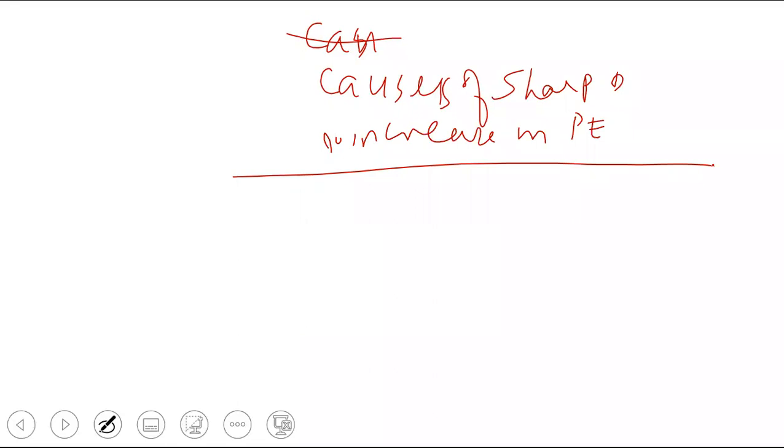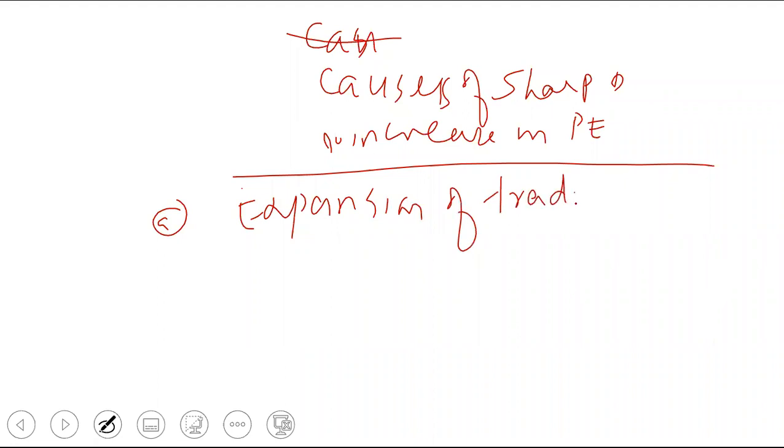What are the causes for sharp increase in public expenditure in India in recent years? Okay. First one, expansion of traditional function of the government. This is very, very easy. First point is expansion of traditional function of the government.